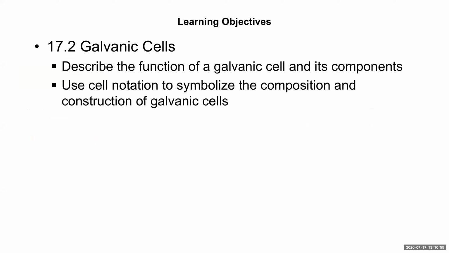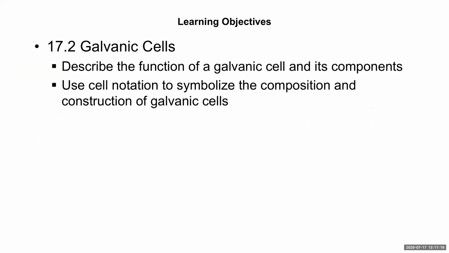Let's describe the function of a galvanic cell and its components. That's the first thing. What does it do? Why is there such a thing? And then secondly, let's use cell notation to symbolize the composition and the construction of galvanic cells. So there's a shorthand we can use to describe galvanic cells.